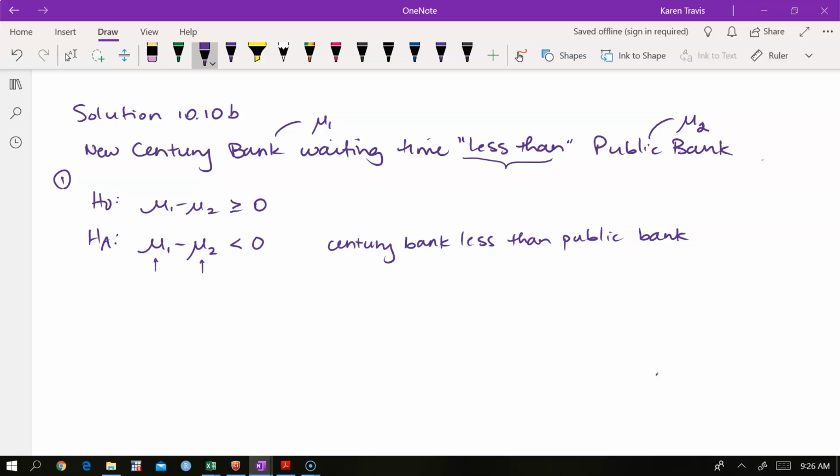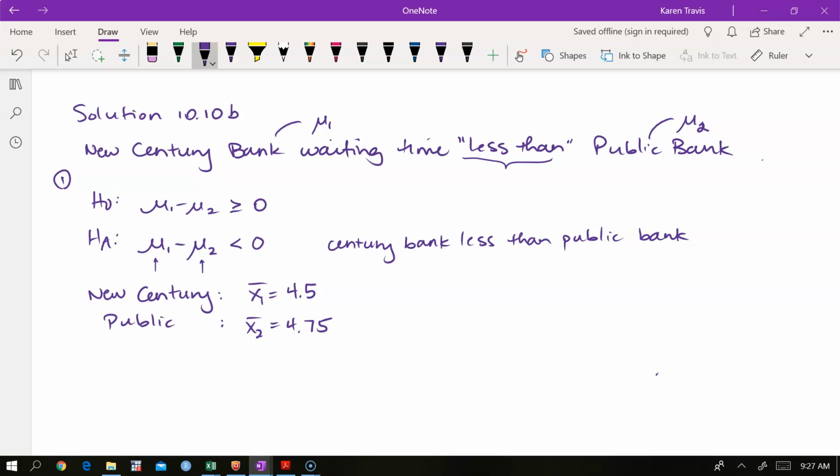So it says that at New Century Bank, I'm going to list it this way, the sample mean for New Century Bank was 4.5 minutes. Public Bank was an average of 4.75 minutes.